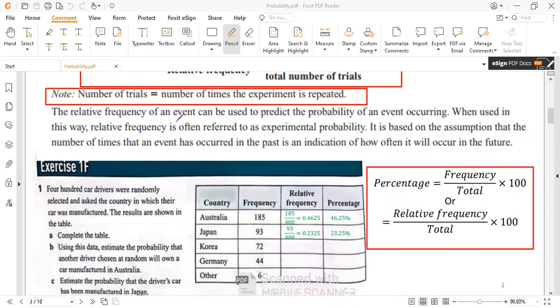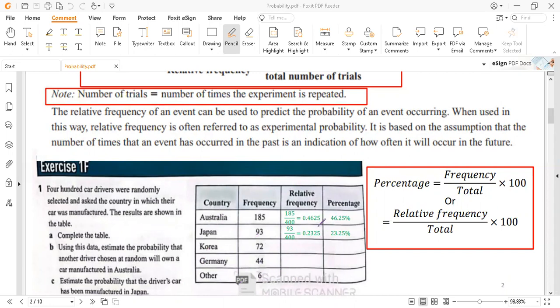So normally we have a population, the 400 cars or the 400 car drivers. We have the frequency of the origin of cars: Australia, Japan, Korea, Germany, and other countries. So normally we have this table and these numbers.